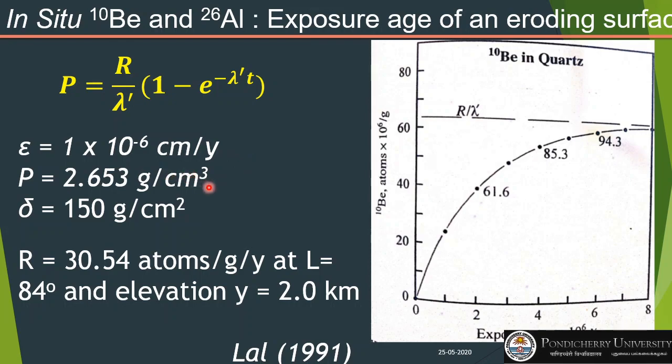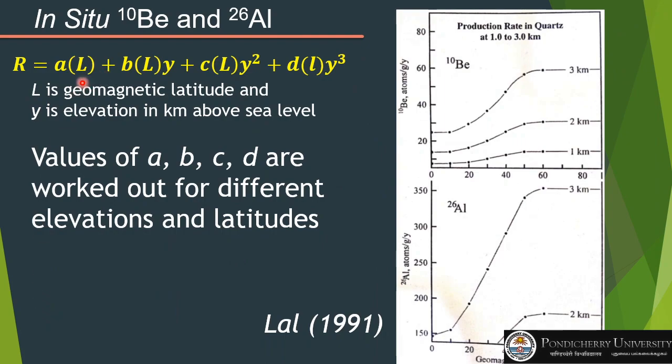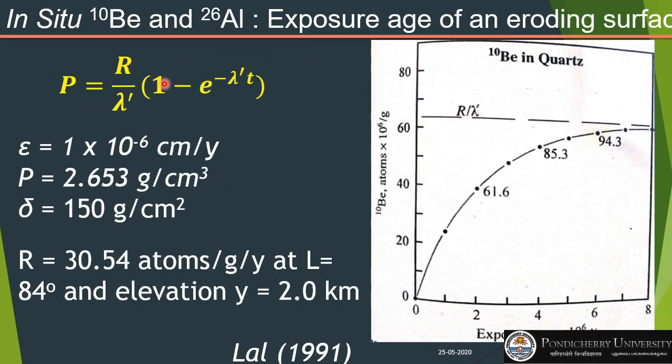The density is 2.653 gram per centimeter cube, similar to the density of quartz, and the absorption mean free path is 150 gram per centimeter square. Then there is the production rate according to the latitude. As I told you, for different latitude and altitude, the A, B, C, D parameters of this equation were worked out. Using those coefficients, the rate is determined as 30.54 atoms per gram per year.